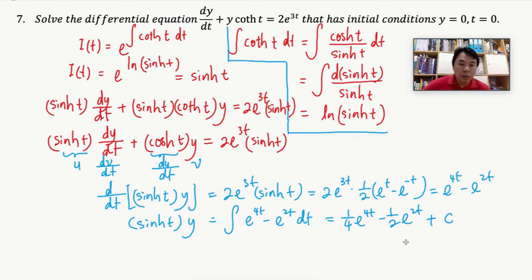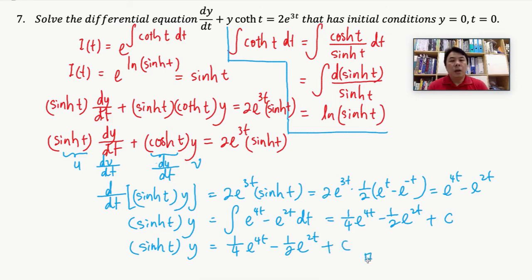And then there you have it. You can leave it as it is, or if you like, you can leave it in the exponential form also. So at this time being, I will just leave the answer as it is, as 1/4 e^4t minus half e^t plus c.